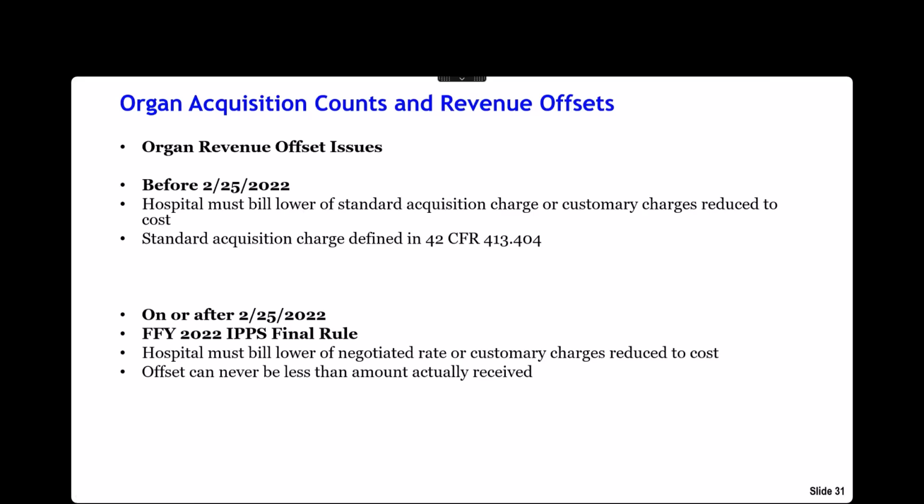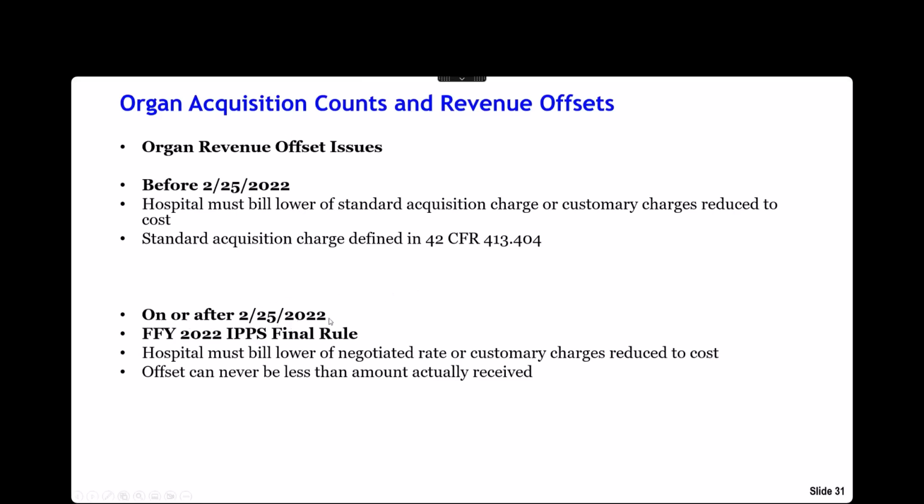So if this was audited, and we saw that you had X number of organs sold to the OPO, we would be requesting documentation to prove that you did indeed bill them one of these two items, and that's the amount being used to offset right now. Of course, CMS's concern here is that the revenue offset is too low, that it's missing something, because that overstates reimbursement. So that's the aim of CMS's reviews through the MAC, through us, of course.